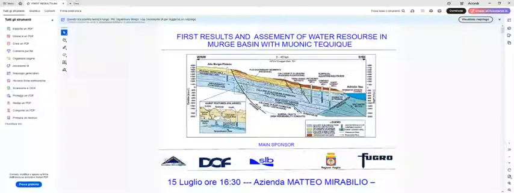So we have the first presentation of the first results. We underlined that we cannot make a general comparison to other karstic Italian aquifers because it is a very specific geological structural situation.